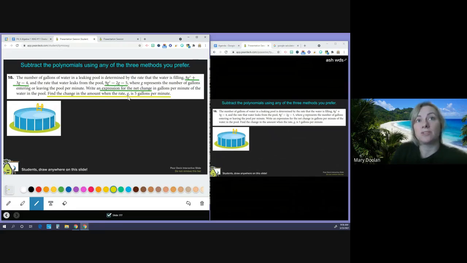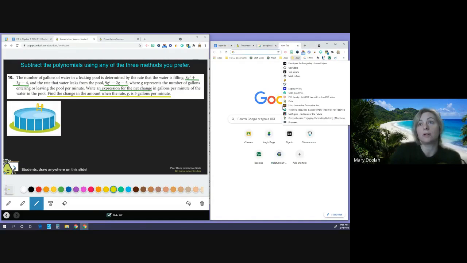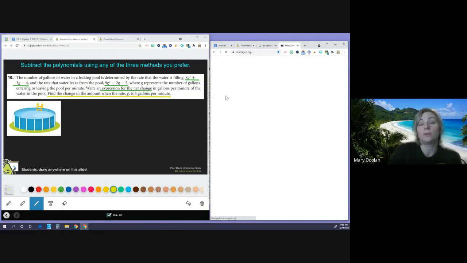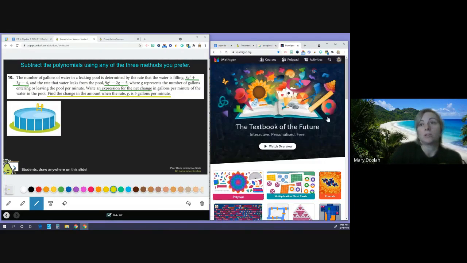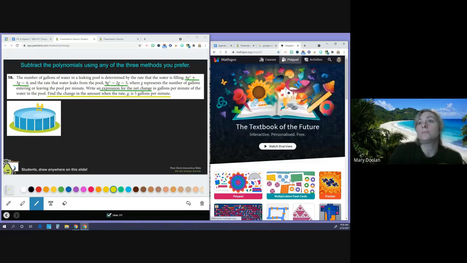So for a specific value of g, we're going to evaluate it. 8g squared plus 3g minus 4 and 9g squared minus 2g minus 5. You're going to subtract those however you choose to. You can use the polypad if you want to. You can use the horizontal. You can use the vertical.